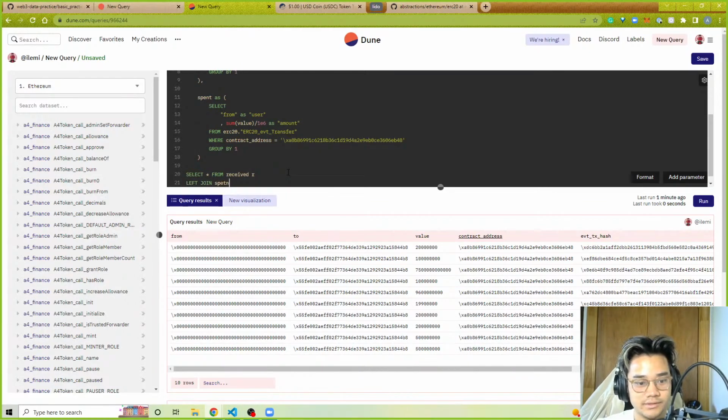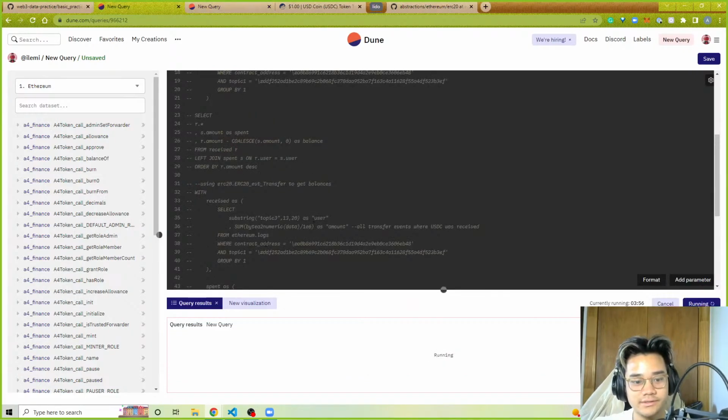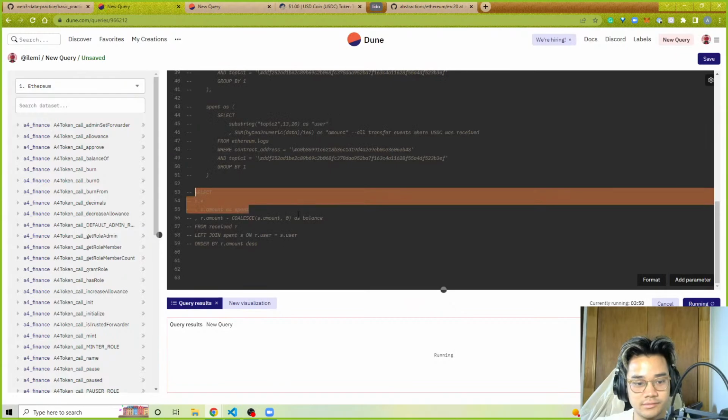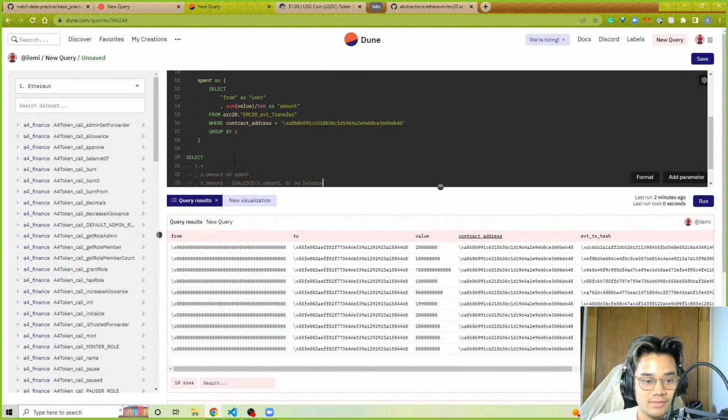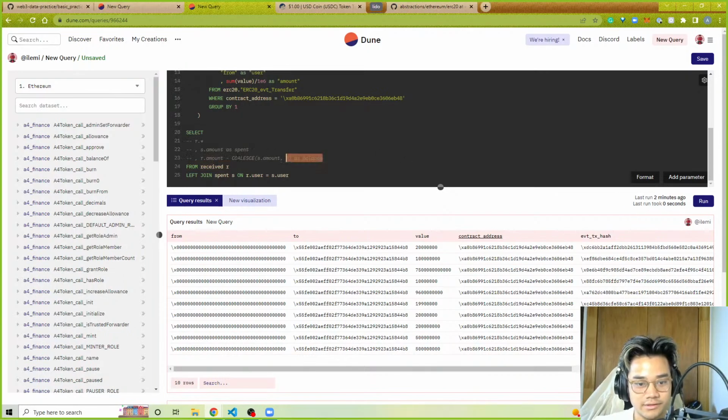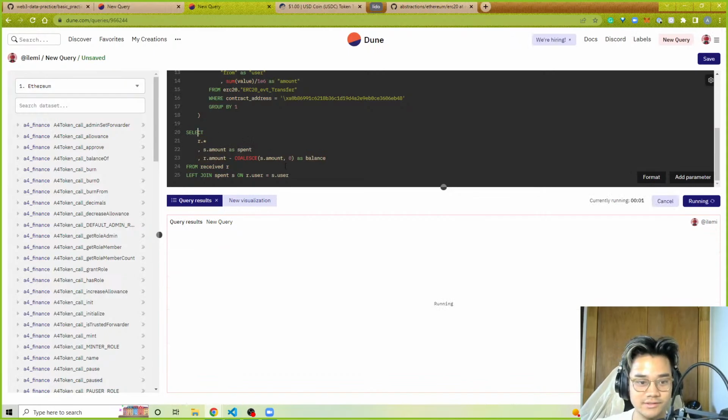Left join spent s on r dot user equals s dot user. And everything else is the same. So I can just take this, pop it on over, and you'll see this runs much, much faster.